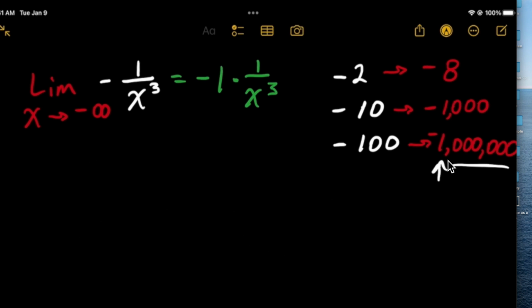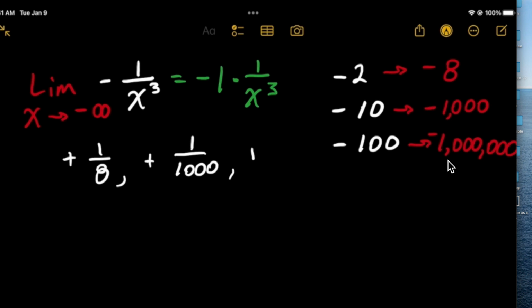We know that this hidden -1 is going to make everything positive. So we're going to be dealing with positive 1 over 8, positive 1 over 1,000, and positive 1 over 1,000,000.